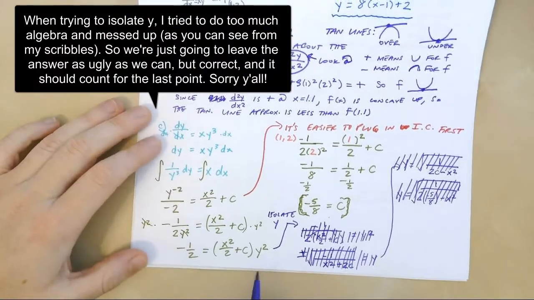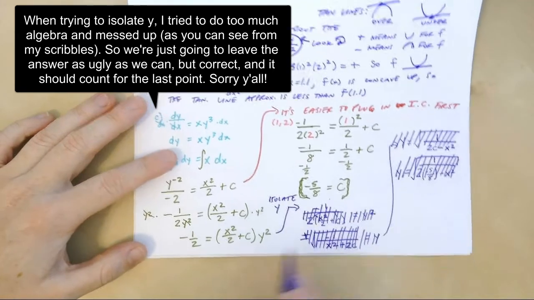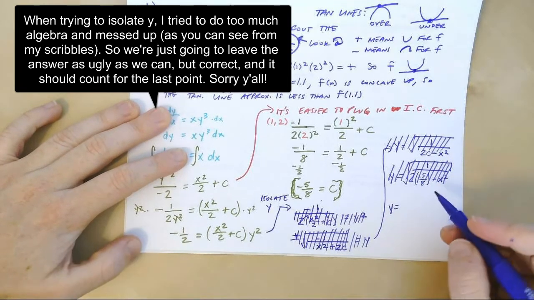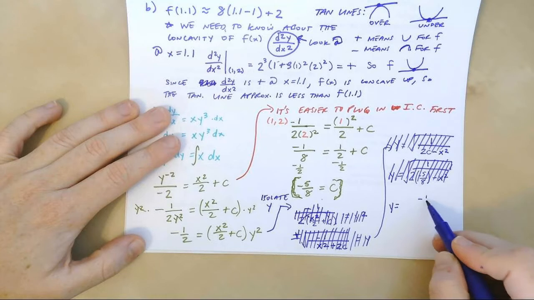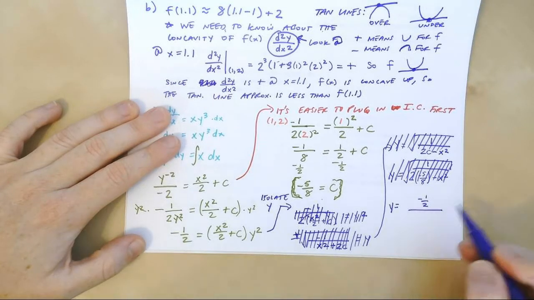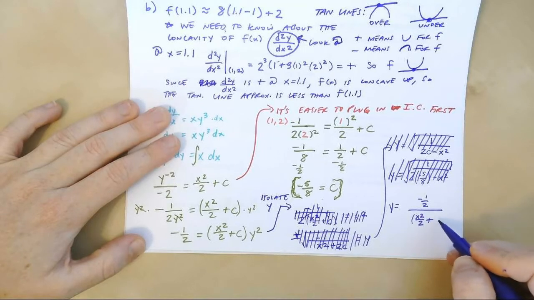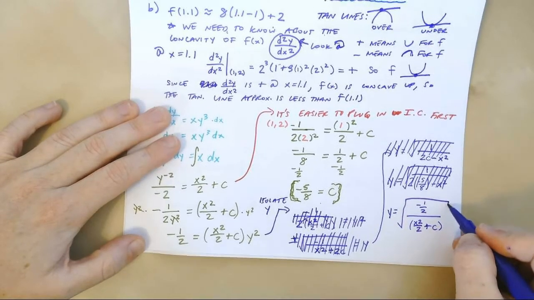So here's what we're going to do. When you divide this x squared over 2 plus c, and then you take the square root, we're going to leave it real ugly. We're going to say y equals, remember we take the positive square root, negative 1 over 2 divided by x squared over 2 plus c, and we wanted the positive square root.